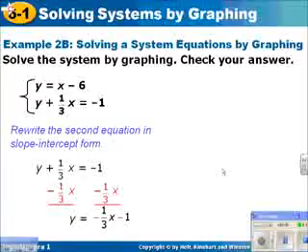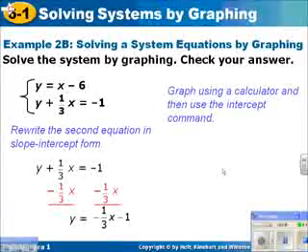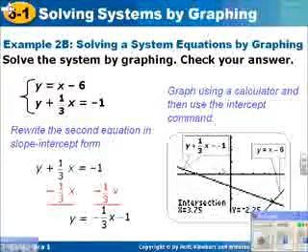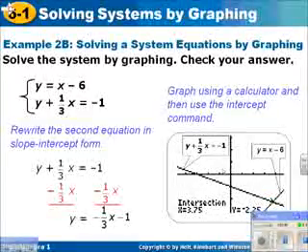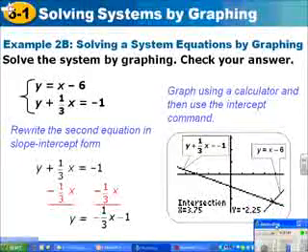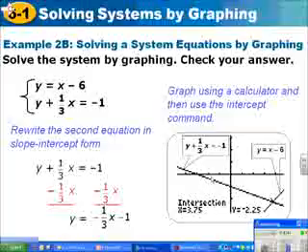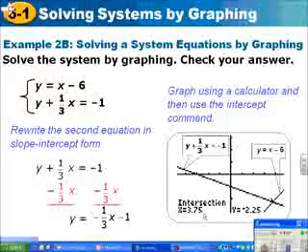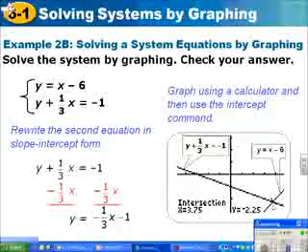So if I go to graph these, this one happens to work much better using a calculator because the answer to this one is not going to come out to be a nice, neat whole number. So what you notice here is that when I graph each of these two lines, the intersection point is 3.75, so 3 3/4, and -2.25, which is -2 1/4.